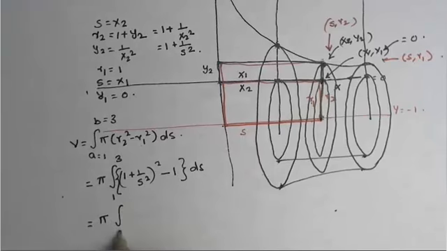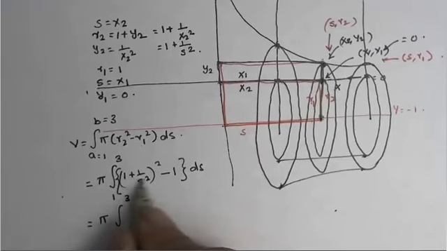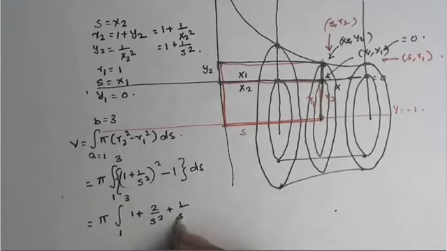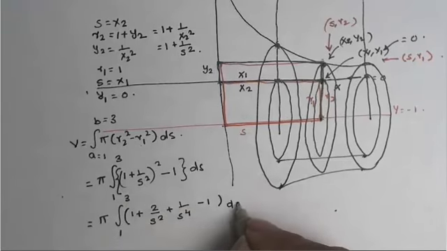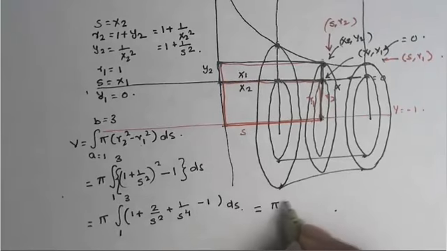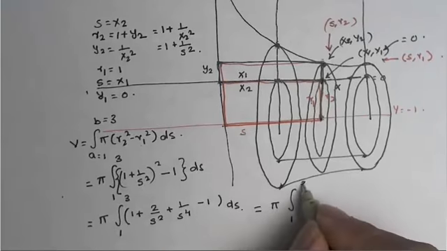So pi times the integral from 1 to 3, I'm going to expand that square, 1 plus 2 over s squared plus 1 over s to the 4, minus 1, ds, and that equals pi times the integral from 1 to 3.